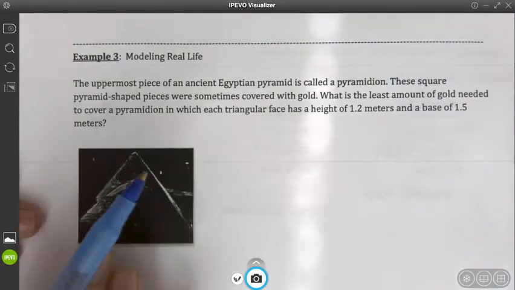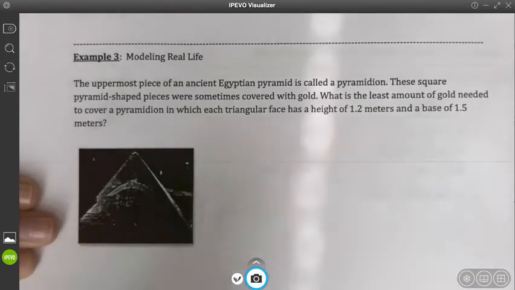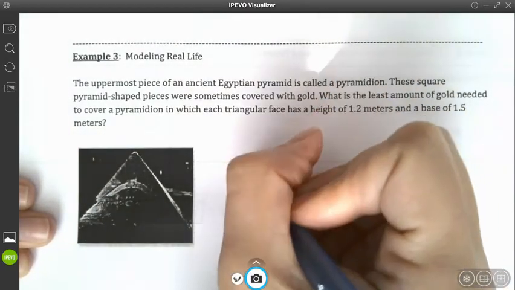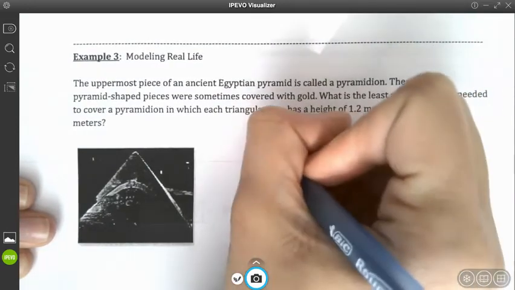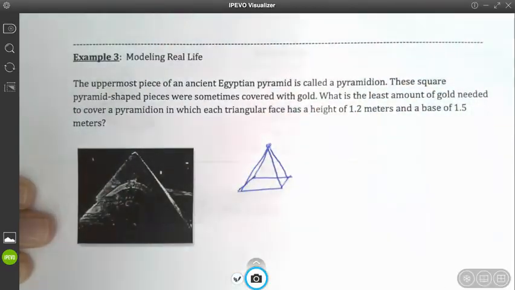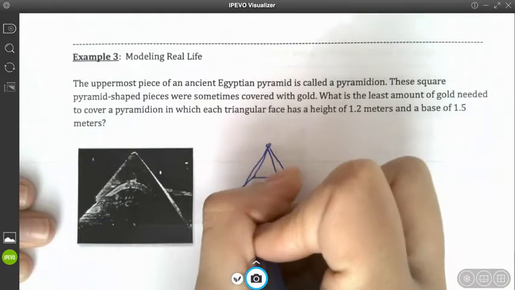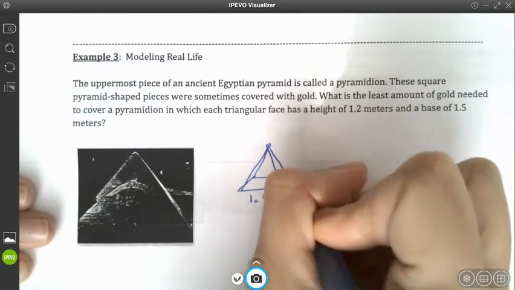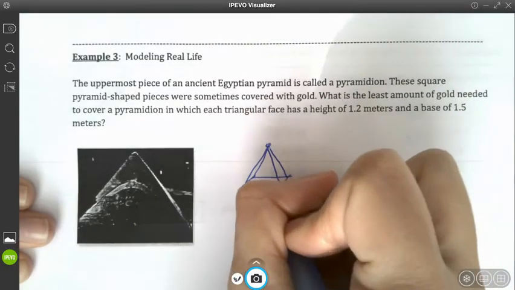Okay, so this is a square pyramid, which means the base is a square. It might help you just to see this redrawn. And it says that the base of the triangular faces is 1.5, and since this is a square pyramid, that's also going to be 1.5 meters.